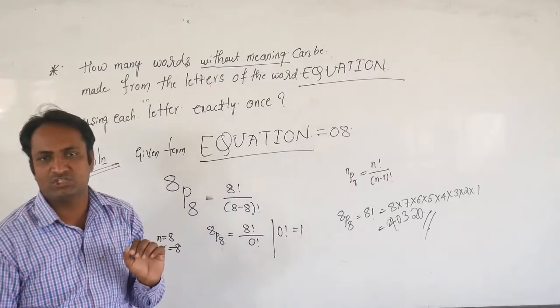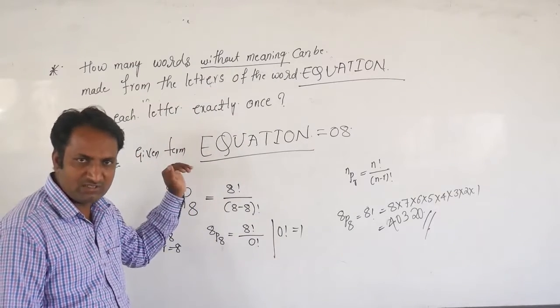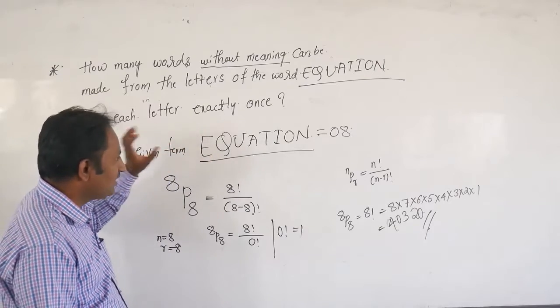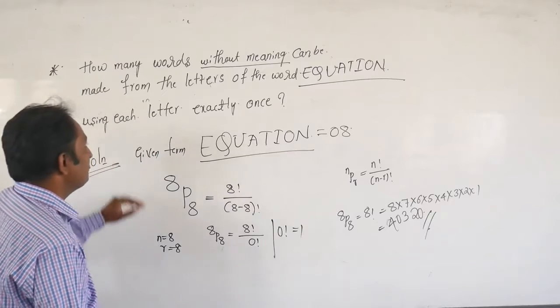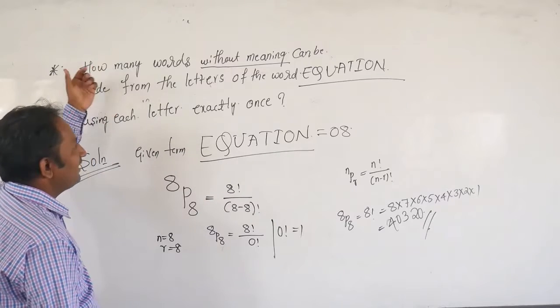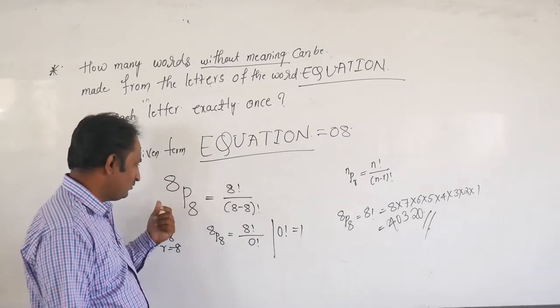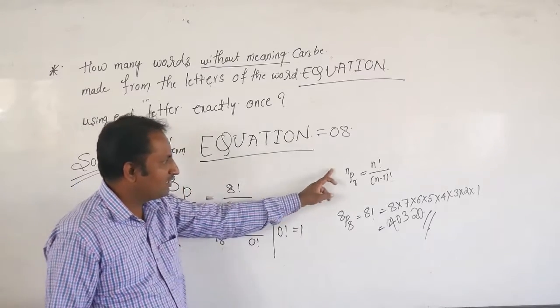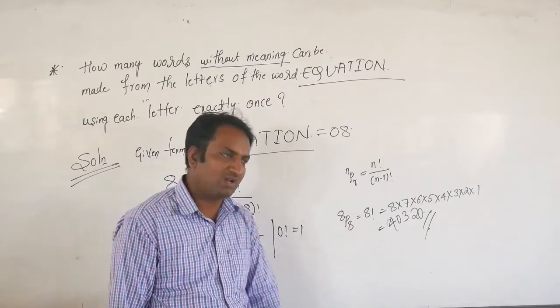The given term is EQUATION, consisting of 8 letters. Out of 8, we can choose exactly 8 letters. nPr is equal to n factorial divided by (n minus r) factorial.